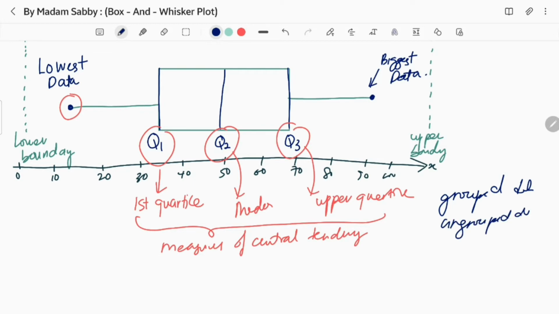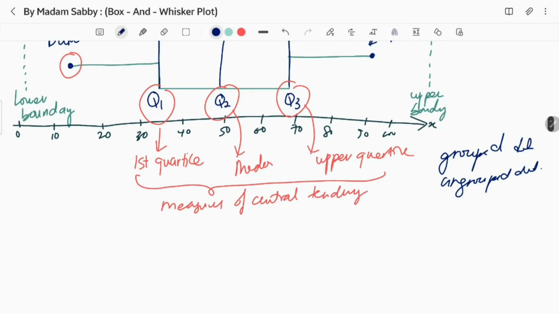If it's grouped data, your first quartile will be a quarter of the total frequency, so what is the number of observations? From the calculated number of observations, you need to refer to the table that you have and look up the cumulative frequency.